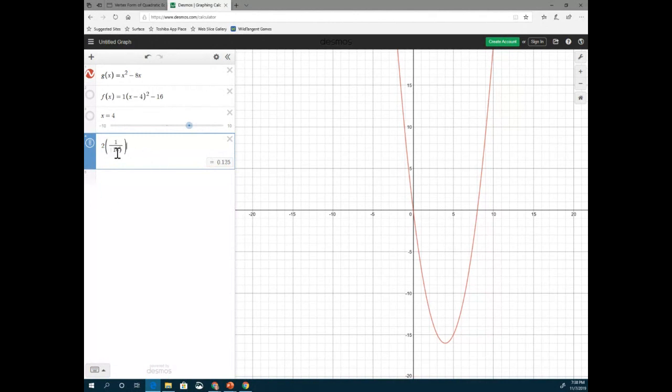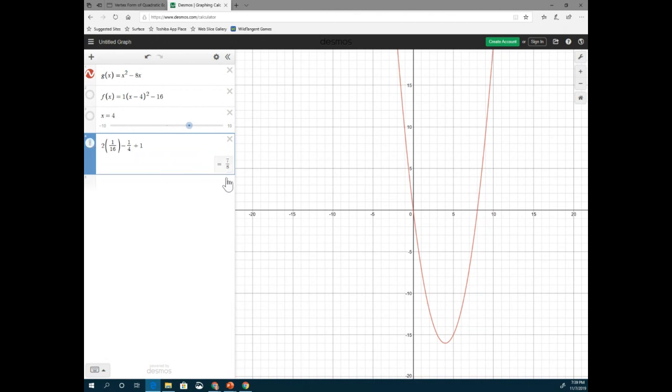So 2 times 1/16, then minus 1/4 plus 1. The problem is that Desmos doesn't give it as a fraction. So that's the only downside. But see this little button that I clicked here? You can see that it actually looks like a little fraction here.